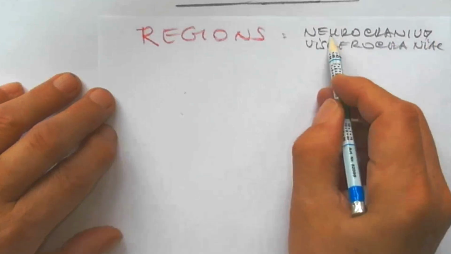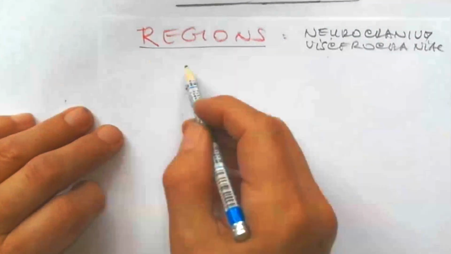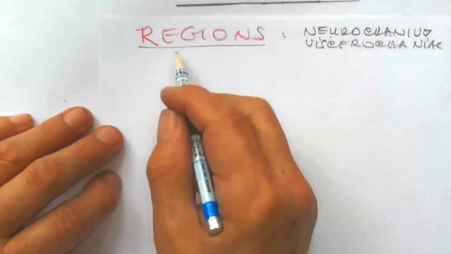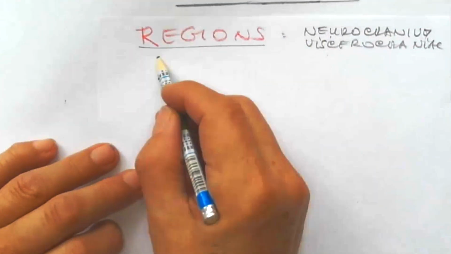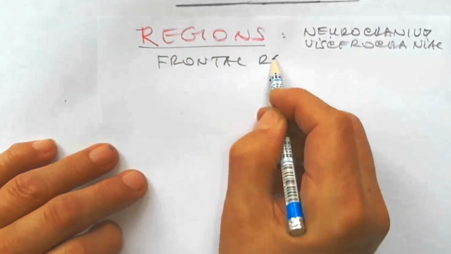Or neural part of the head and facial part of the head. Both terms could be used. And starting with some neurocranial regions as an example, first of all will be the frontal region.